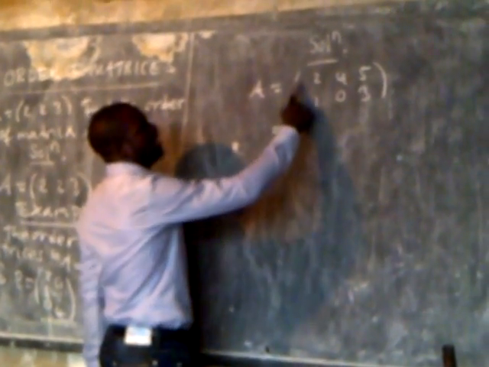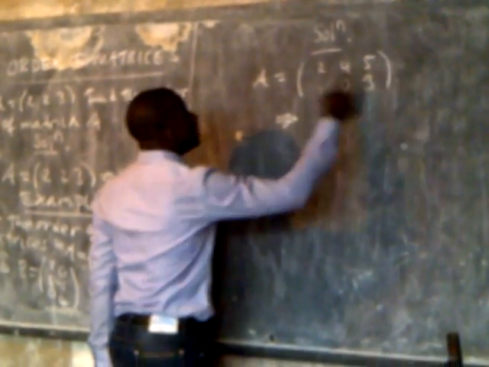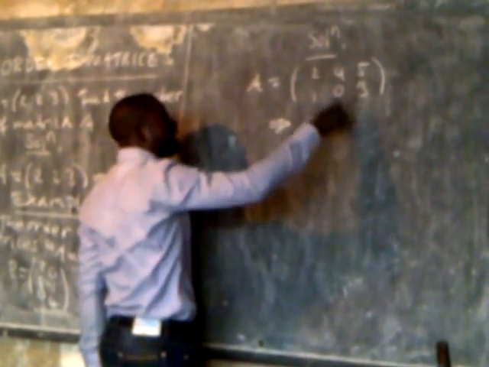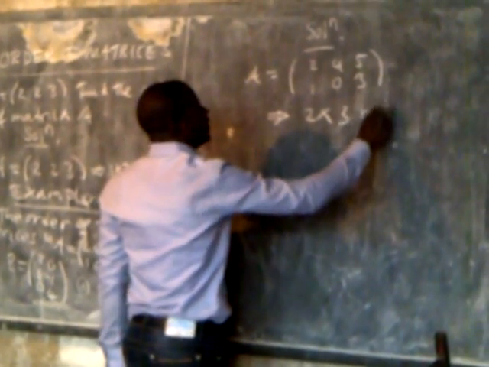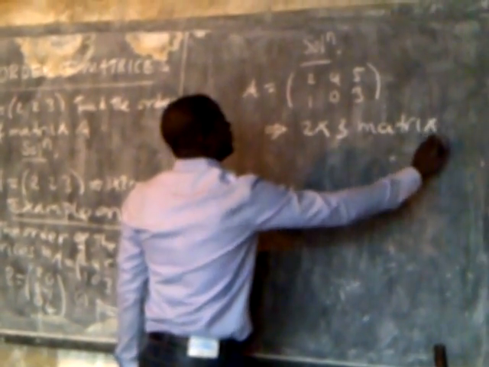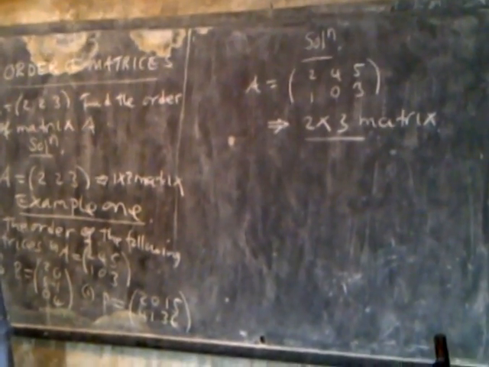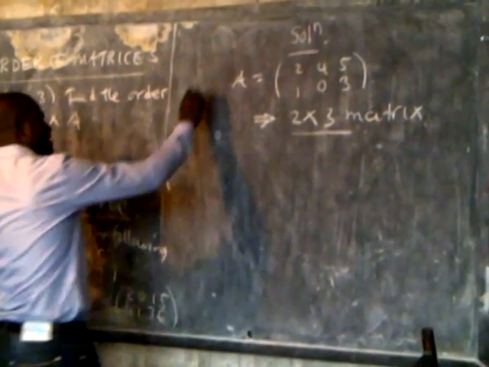Stop writing. How many rows are there? 1, 2. So 2 rows. How many columns are there? 1, 2, 3. So it is a 2 by 3 matrix. So that is the order. That is the answer. We just want the order of a matrix. Understand? That is number A.